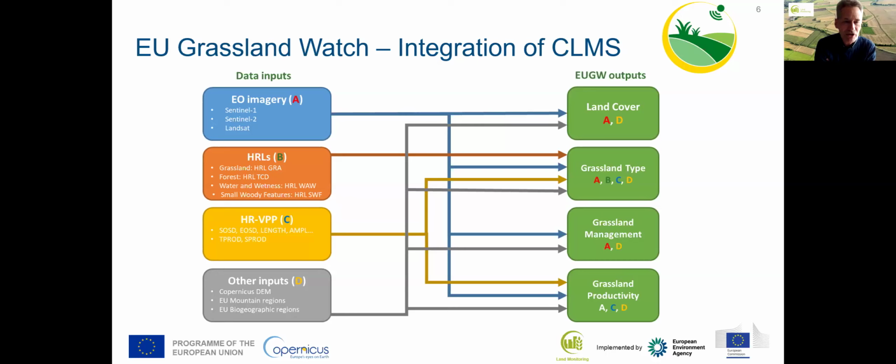So of course we have the images, we have some of the high resolution layers, but in third place you see here already in the yellowish orange box the HR-VPP data set, which we are mainly using for identifying the grassland type and moreover the grassland productivity. Sorry, I looked at the wrong arrow here. So these are highlighted by the little circles that you see here.